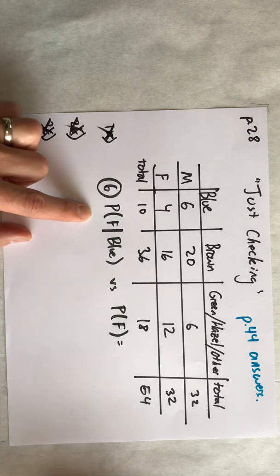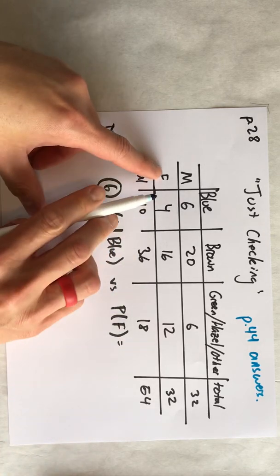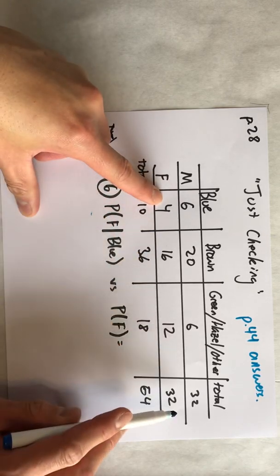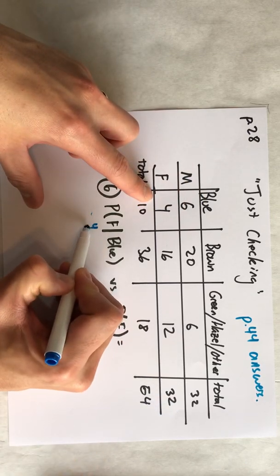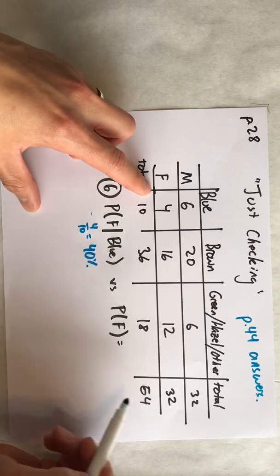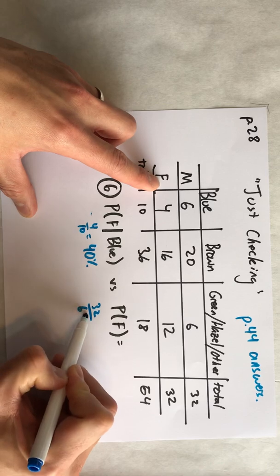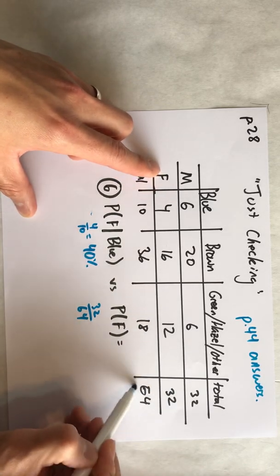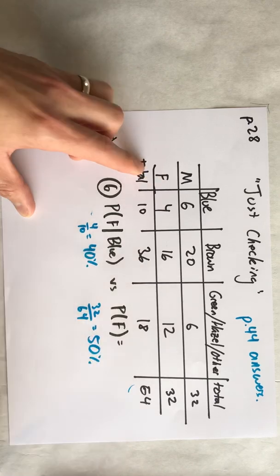Okay. So for this one, female and blue would be 4 out of 10. So this would just be 40%. And what's the probability of female? This would be 32 out of 64, right here. And this would be 50%.